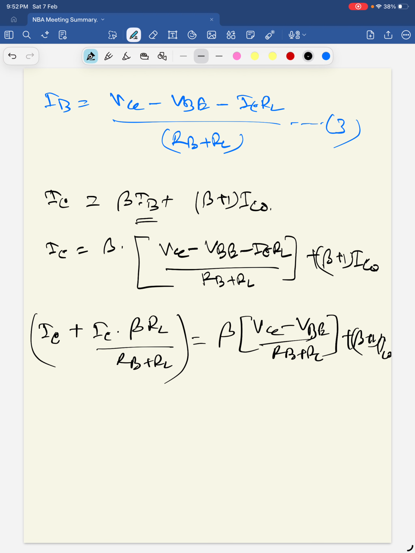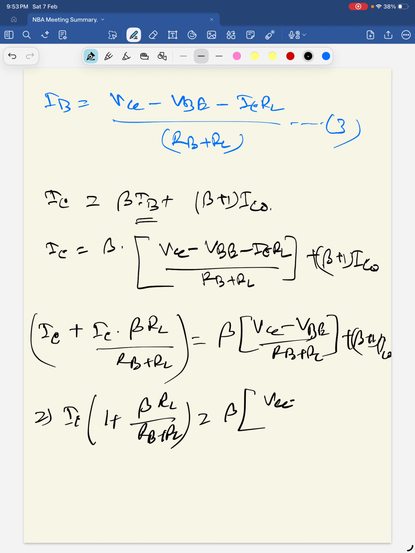Now we take IC as common. So IC into 1 plus beta RL by RB plus RL is equal to beta into VCC minus VBE divided by RB plus RL, plus beta plus 1 into ICO.